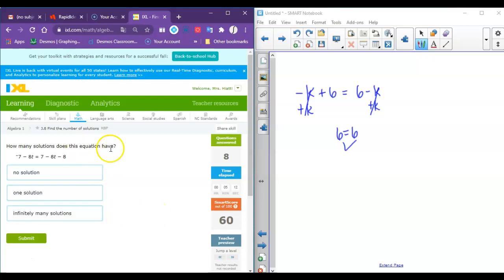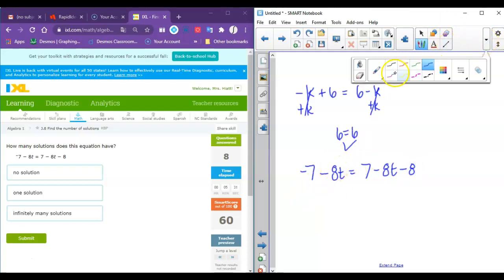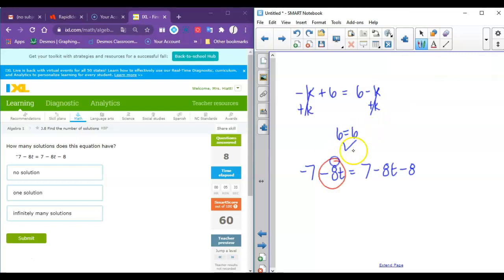Okay. As you work, you can kind of start to see the shortcuts that you can take here. For example, for this problem, negative 7 minus 8t equals 7 minus 8t minus 8. And so when you see that negative 8t and the negative 8t on both sides, those are going to cancel out.